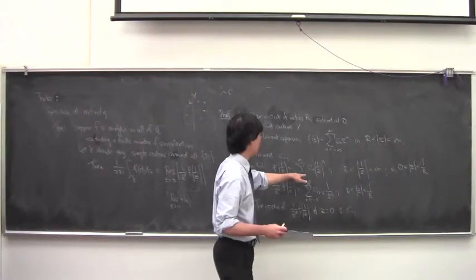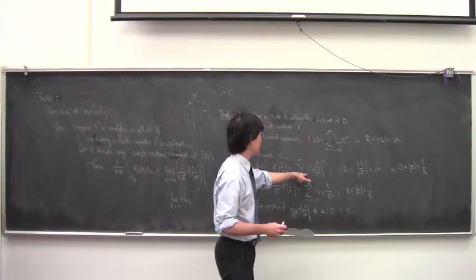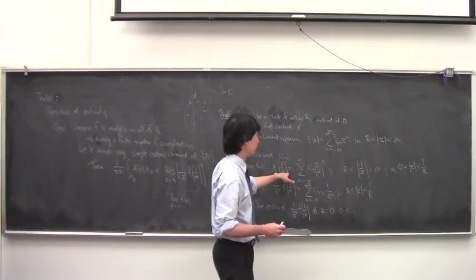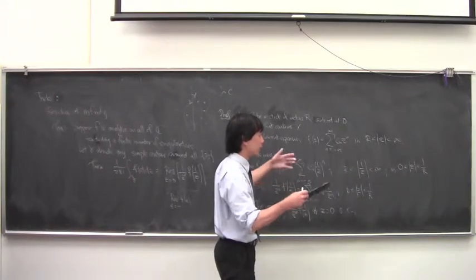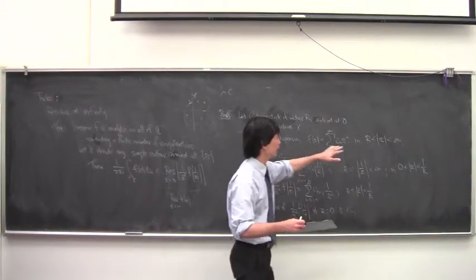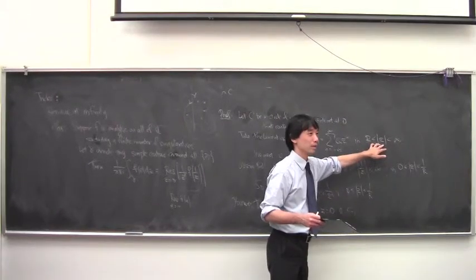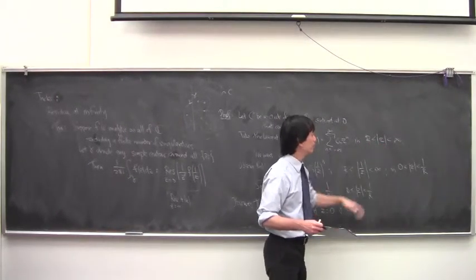So what you're doing is you're creating a function of z that's valid in the inverse of this, right?